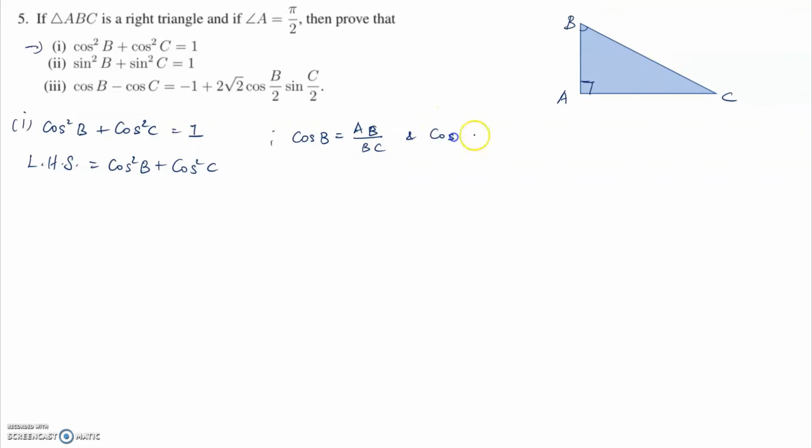And cos C is equal to AC divided by BC, which is this angle C here. This is the adjacent side and this is the hypotenuse.